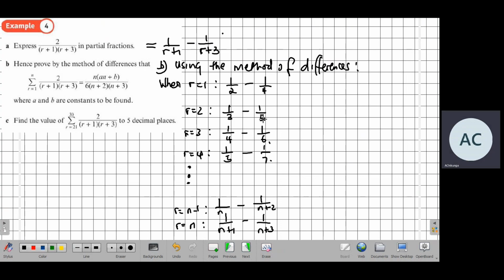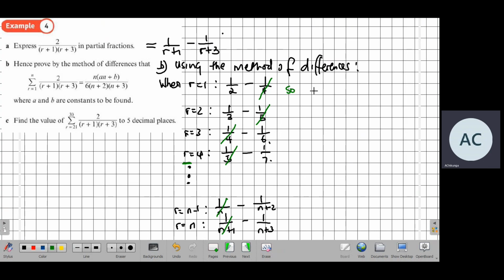If you look at this pattern, you will see that there are numbers that are cancelling. We can see that this 1 over 4 cancels with this 1 over 4, and 1 over 5 cancels this 1 over 5. So if 4 was the last term, the sum of this fraction is just equivalent to adding these two numbers and these two numbers. If we continue with this up to n, we are sure the rest will be cancelled, so the only things left are these two.